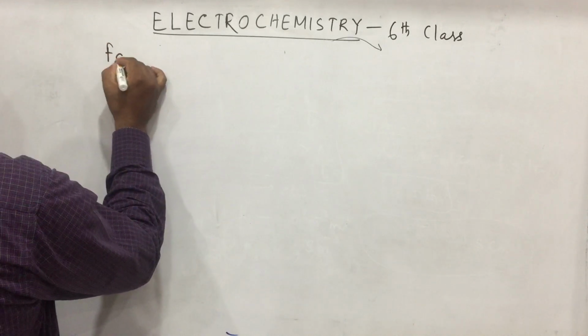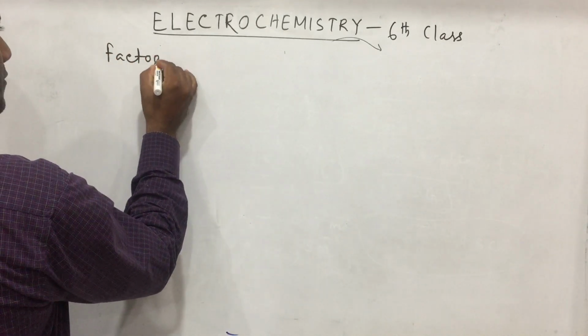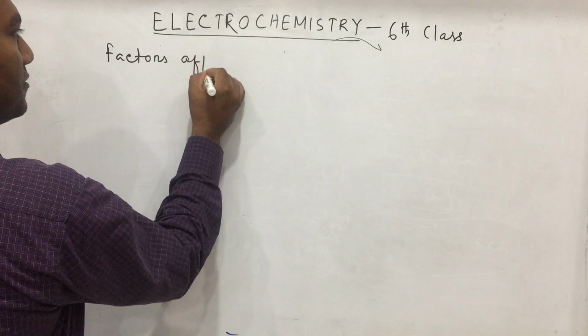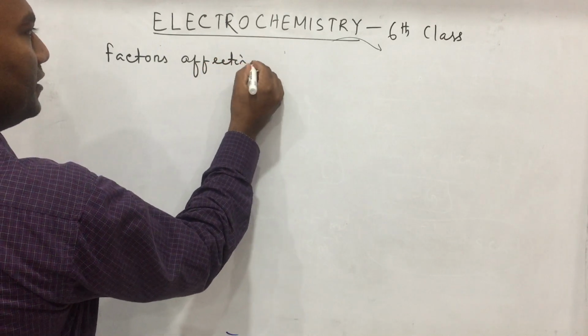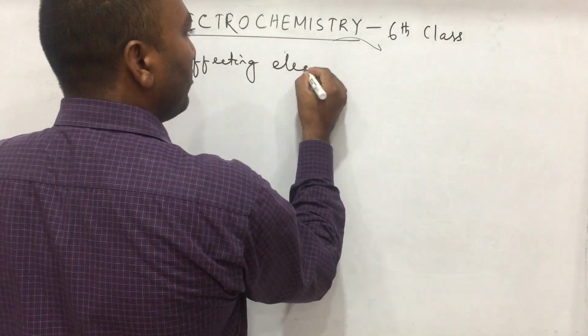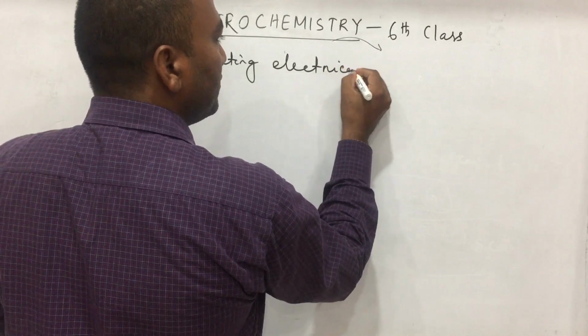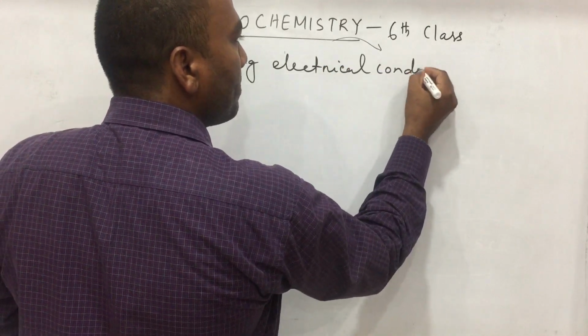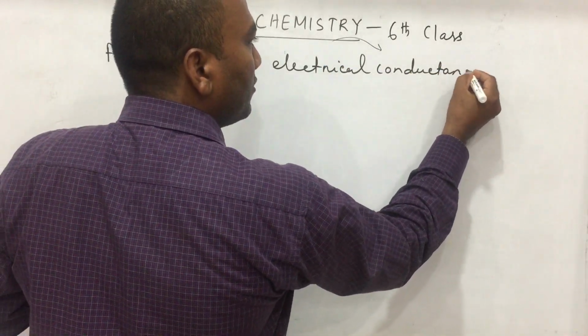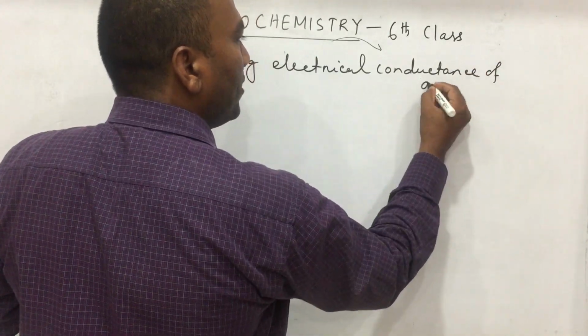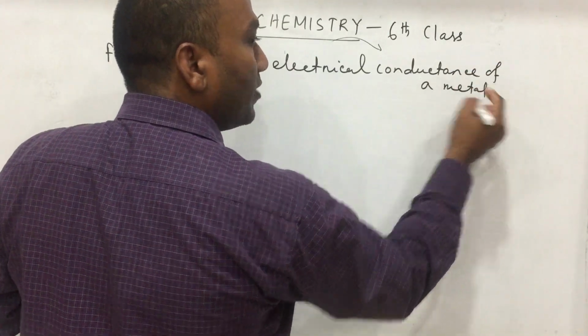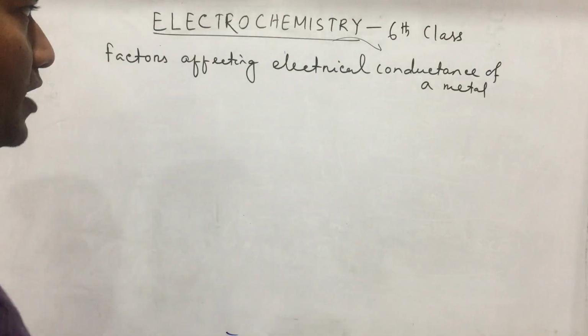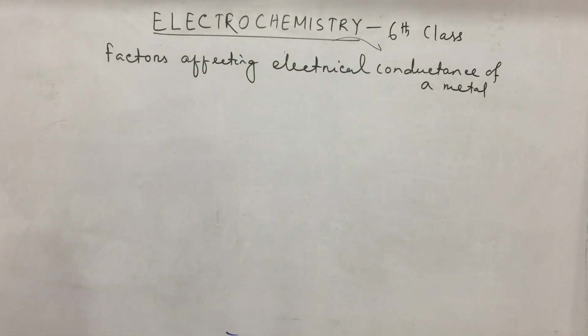What are the different factors affecting electrical conductance of a metal? But our chapter is electrolyte. So here we will only read the factor.